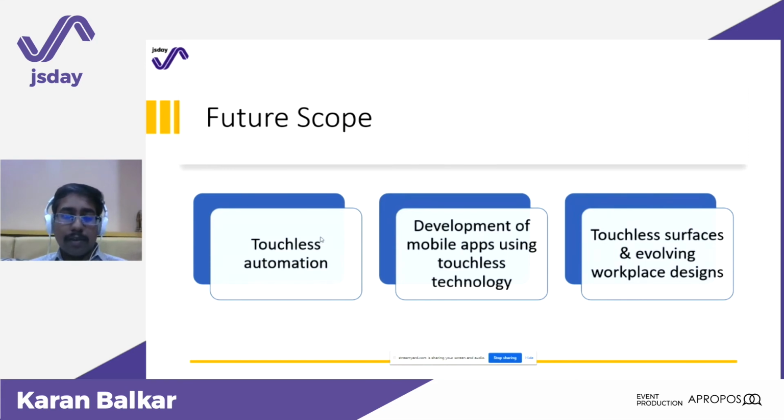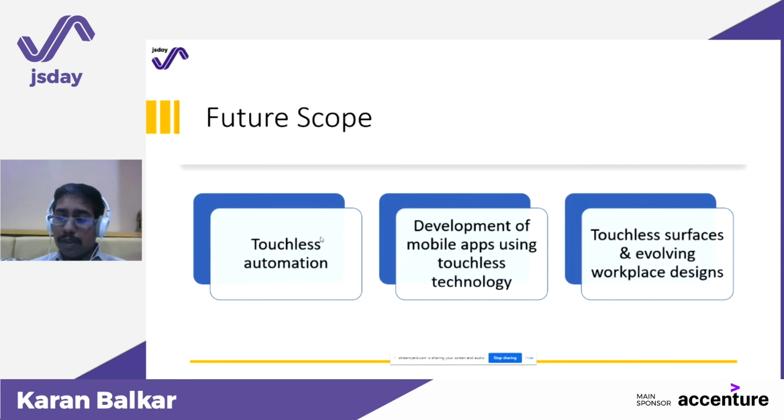Then the second part is about mobile apps. Mobile apps are also trying to leverage this technology, especially ever since the pandemic started. A lot of organizations are thinking of developing mobile apps using this technology. And slowly and steadily, we are seeing touchless surfaces evolving in our workplaces.